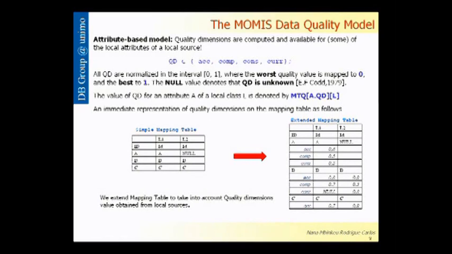To include data quality, we extend our mapping table into an extended mapping table, where we represent each local attribute with its quality dimensions.